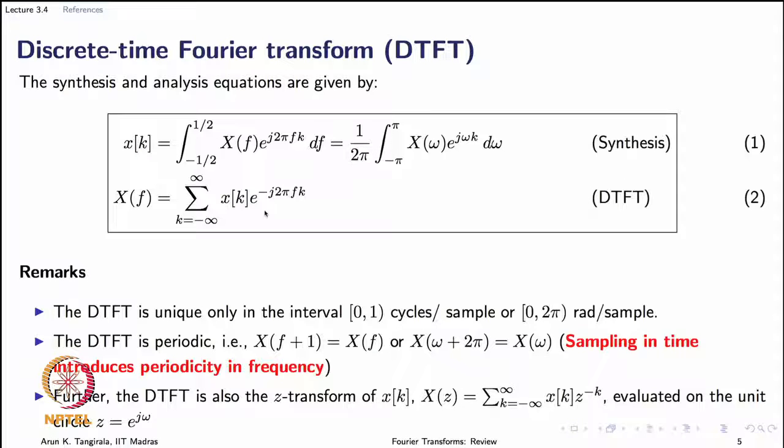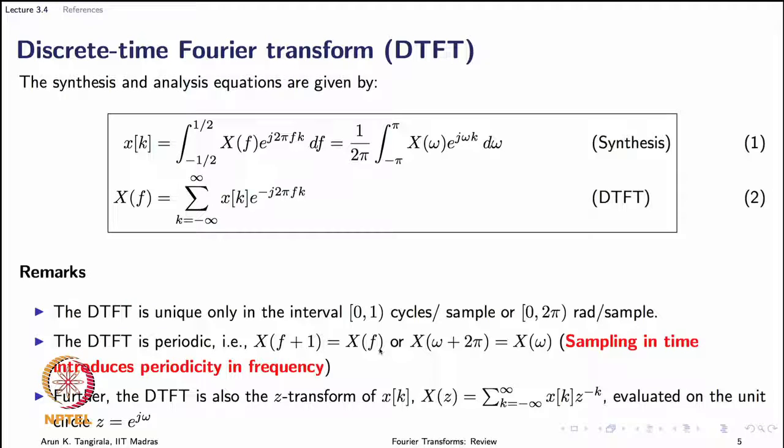And the discrete time Fourier transform equation is the same whether you evaluate it in terms of the cyclic frequency or the angular frequency. But there are a few interesting remarks that I would like to make here. First of all, the discrete time Fourier transform, as we mentioned earlier, is unique only in the interval 0 to 1 in terms of cyclic frequency, or minus 0.5 to 0.5, or in terms of angular frequency 0 to 2 pi.